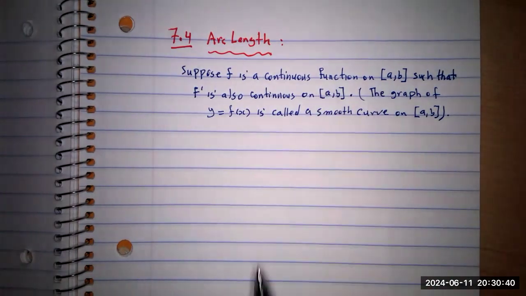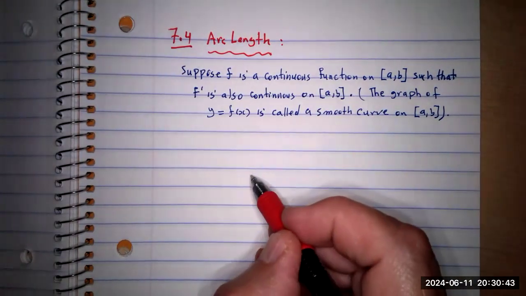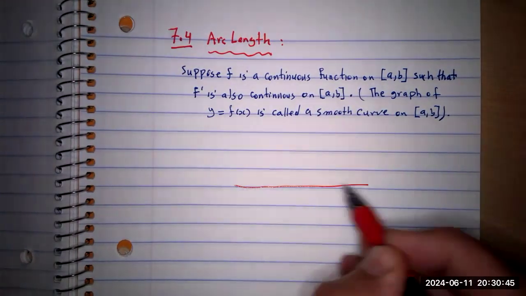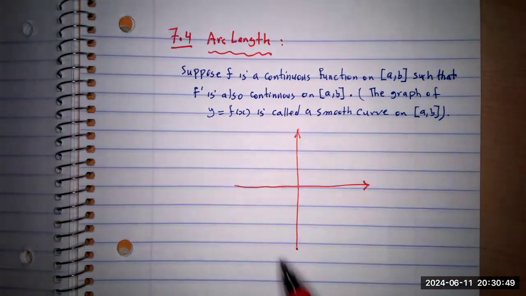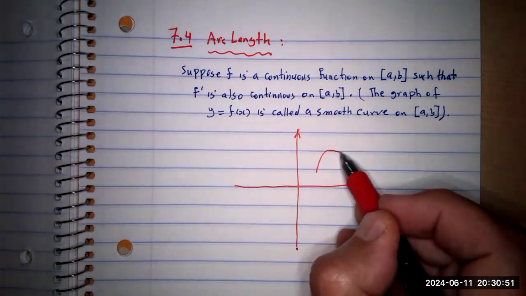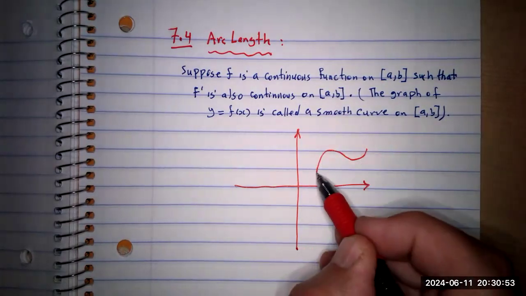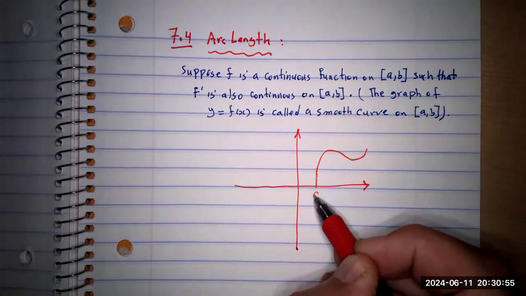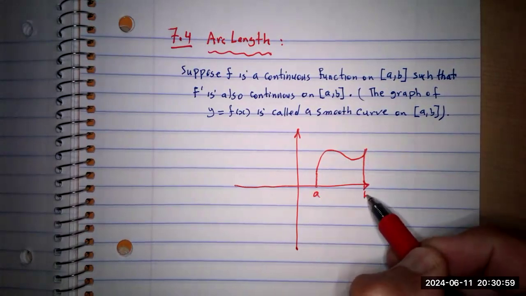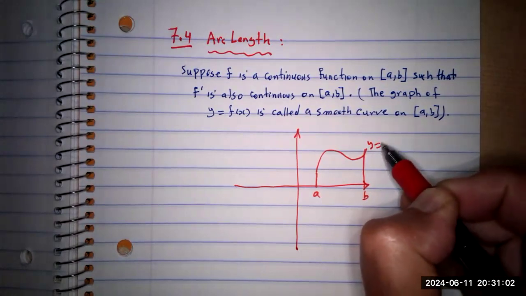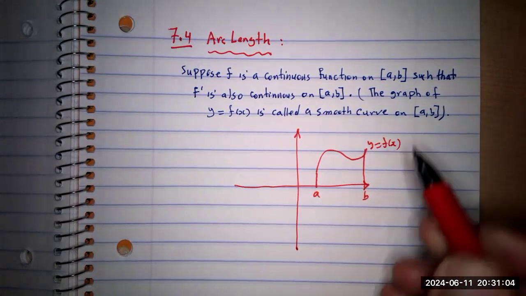So this is the situation that we're going to have. You have a nice curve, so this function is continuous. For example, this is a and b, and this is the graph, y equals f of x.